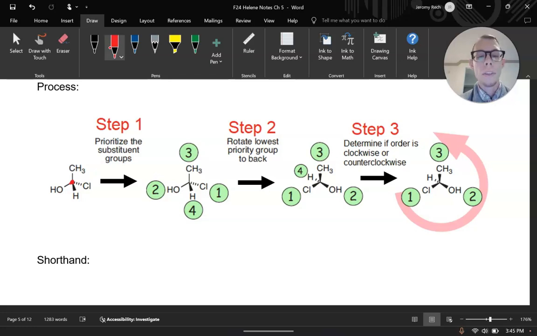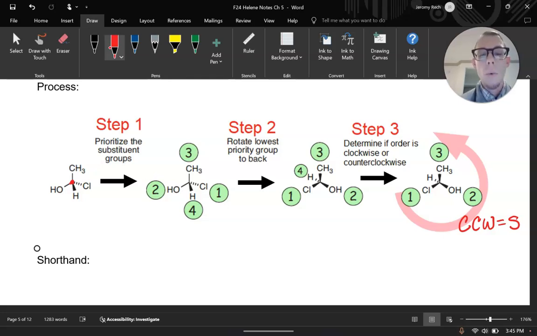Once you have those, the proper way is to rotate the molecule so that you put the hydrogen, the 4th group, all the way in the back. Then you see 1, 2, and 3, and you look at the handedness from 1 to 2 to 3. Here, going 1 to 2 to 3 is in the counterclockwise direction. I'll often abbreviate that as CCW for counterclockwise. That says I have an S configuration.